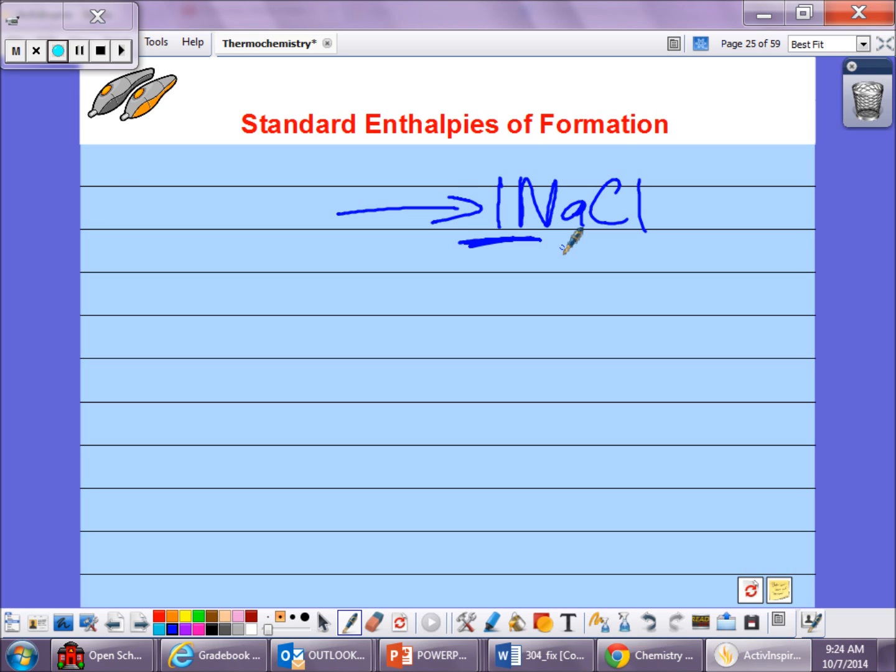And the element we have here is sodium, solid, that's the way it exists on the periodic table, plus this is Cl2. I don't write Cl, I write Cl2 because Cl is a diatomic molecule. So you need to write those elements the way they exist in nature at 25 degrees Celsius, 1 atm.